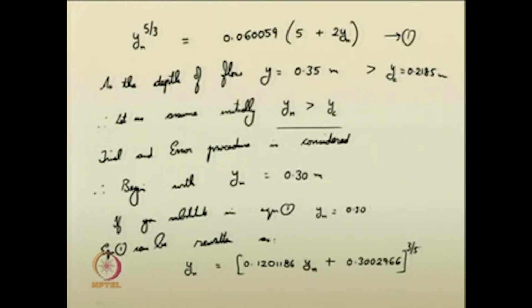Like this you can get an equation. So, on the left hand side there is one y n, and on the right hand side there is another nonlinear term of y n. You have to match both of them in the trial and error procedure. So, this is trial y n and this is the RHS y n.